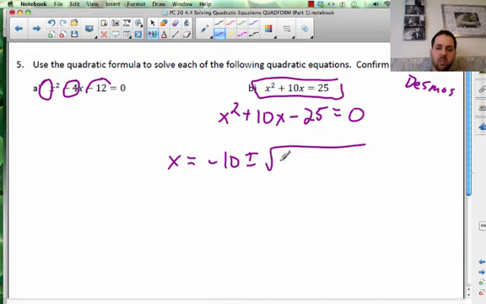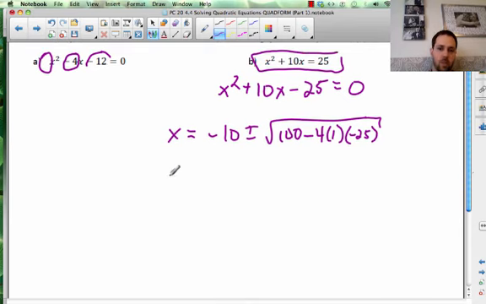B squared is 10 squared, which is 100, minus 4 times a, which is 1, times c, which is minus 25, and all over 2a, and again a is 1, so we just write over 2. And now we can start simplifying.